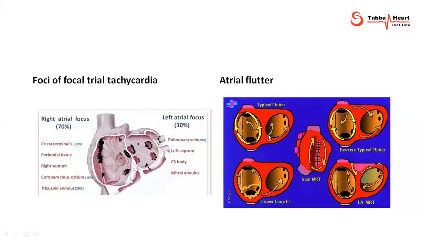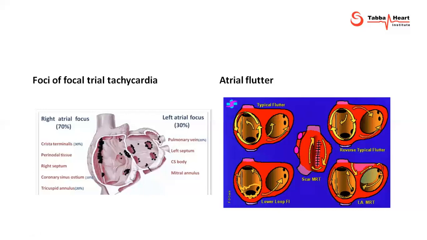The left-sided or atypical flutters, as they are called, have macro re-entry around the left side, usually post-surgery or post-ablation. It can be around the mitral valve or around surgical scars. So the history will tell you, okay, this is a left-sided macro re-entrant tachycardia and not a focal atrial tachycardia.